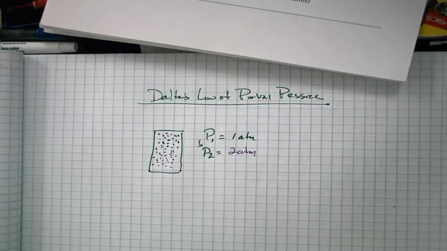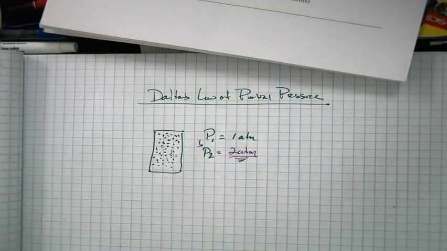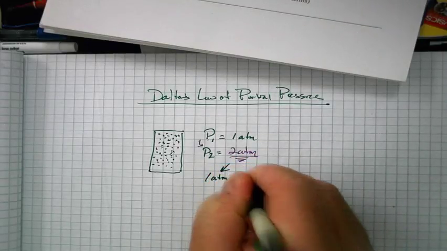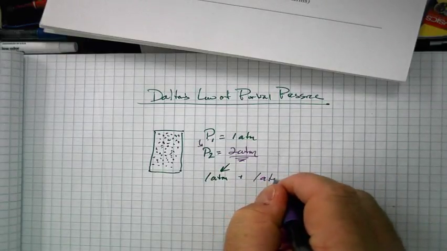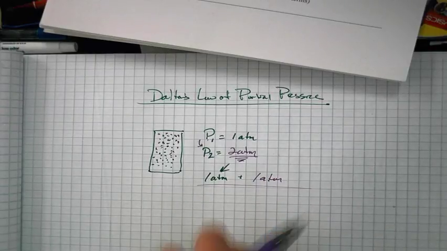Yeah, okay. So we could say that of these 2 atmospheres, one comes from the green, and one comes from the purple. Right? Okay, this is the idea.